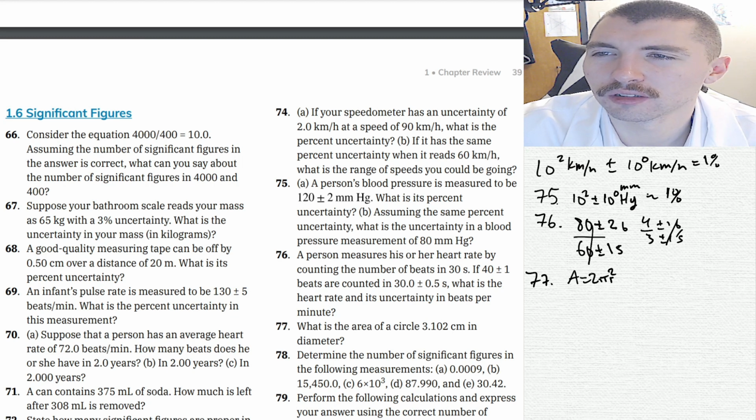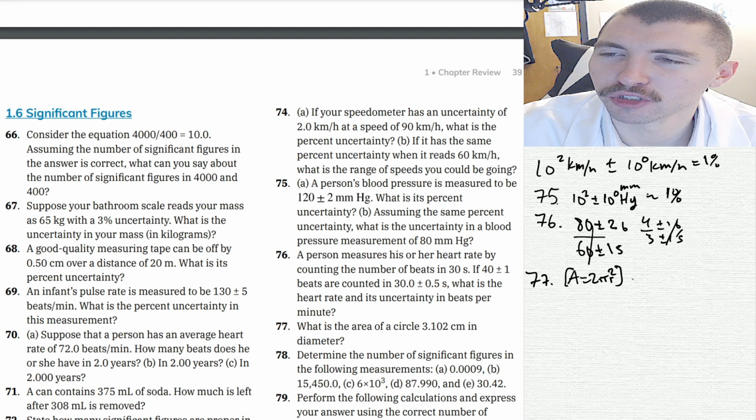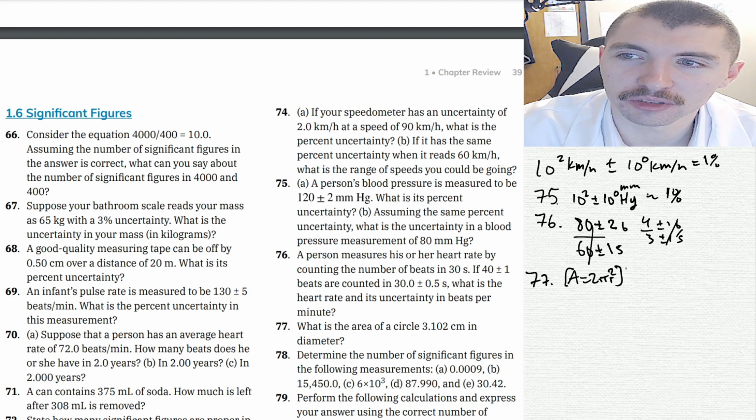I feel like these are a little bit better to memorize when you're thinking in dimensions. Because 2 pi r is the circumference, pi d is the circumference. But r squared means it's 2 dimensions, so it has to be the area.